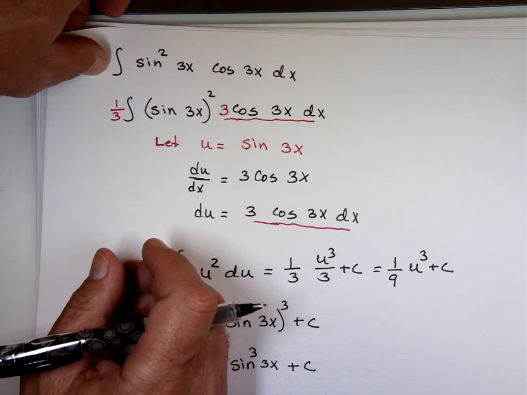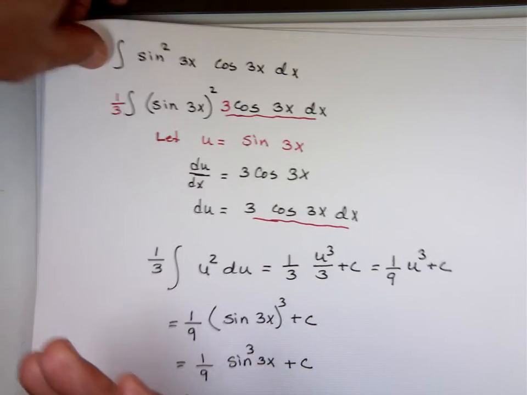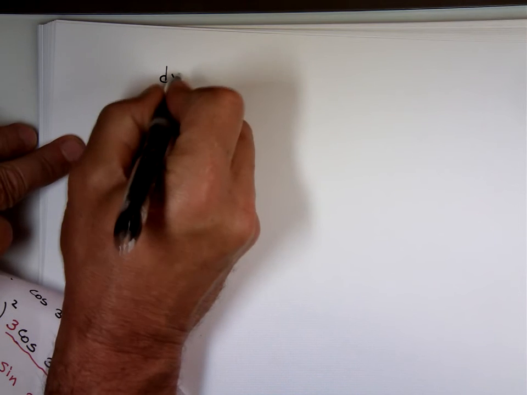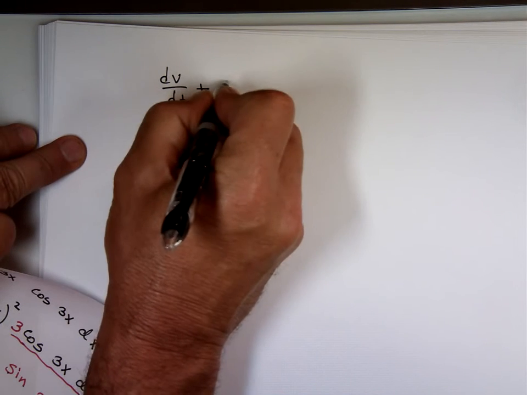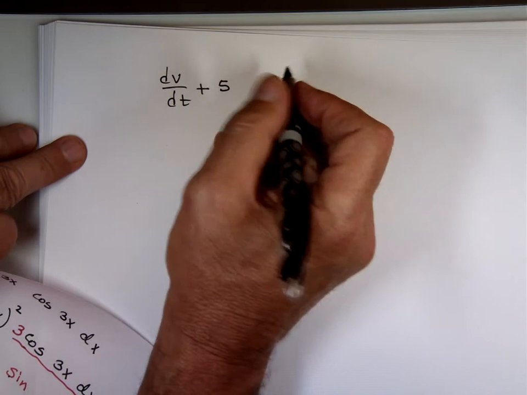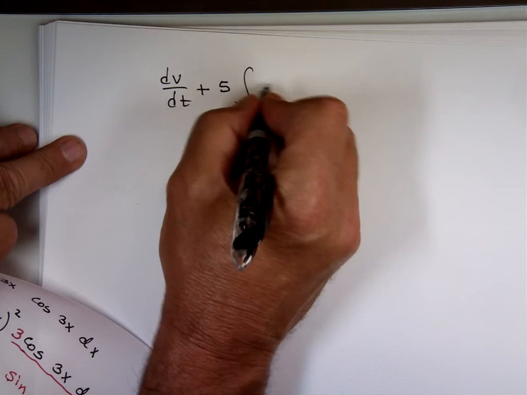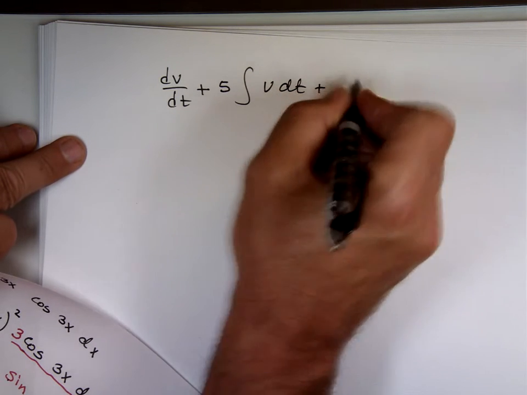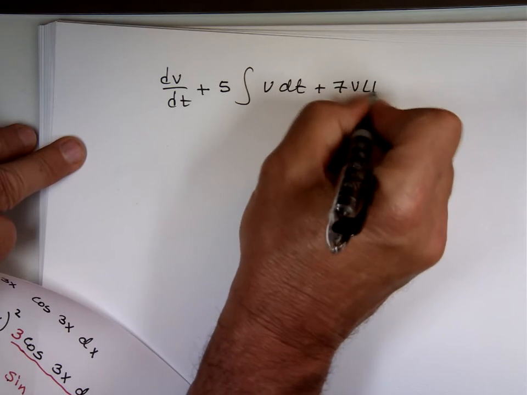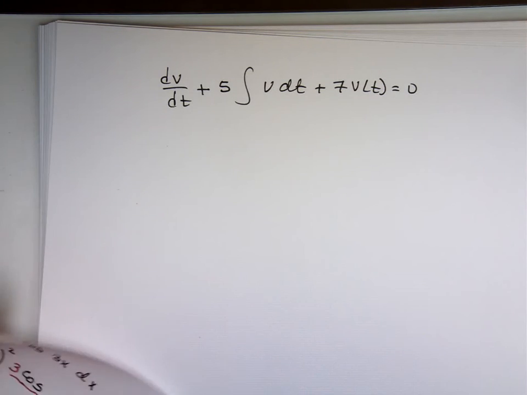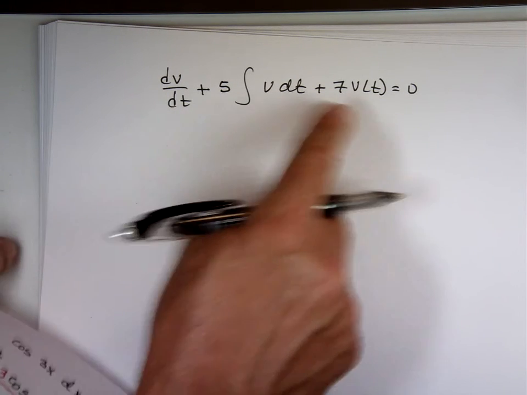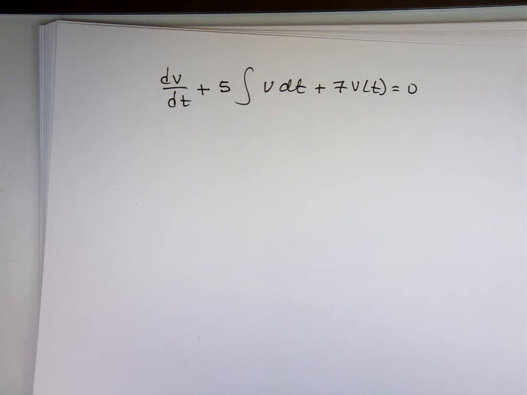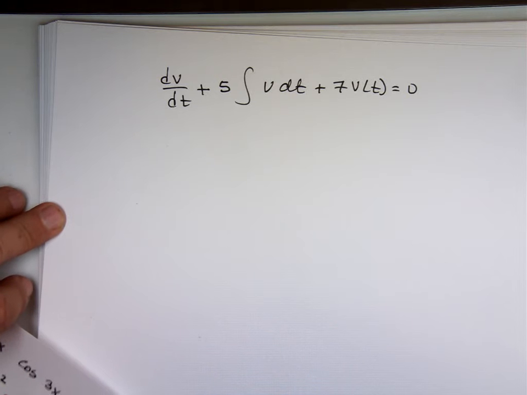I can tell you when I'm teaching electronics, sometimes I have an equation that looks like this, and I want to solve it. I've got a derivative, an integral, and this function. I do it all the time in circuits. If anyone takes my circuit class next semester, none of you probably will be in it.